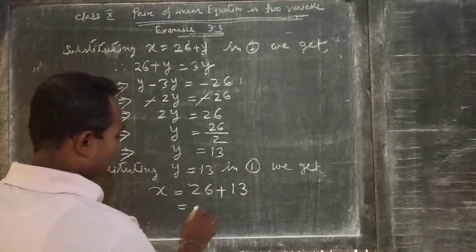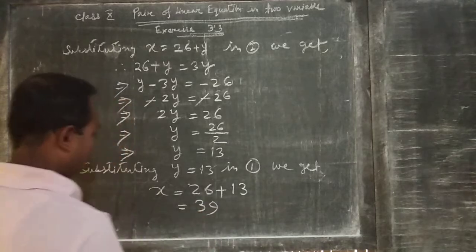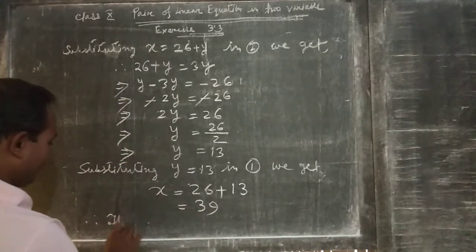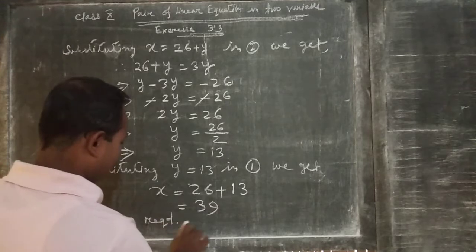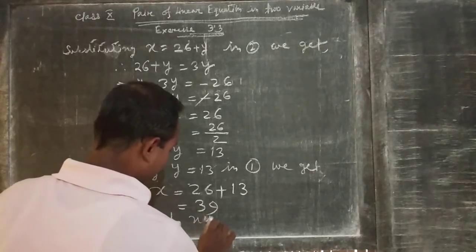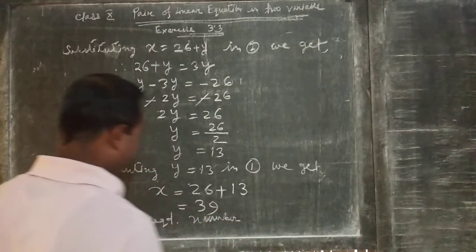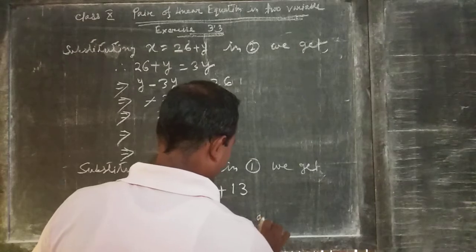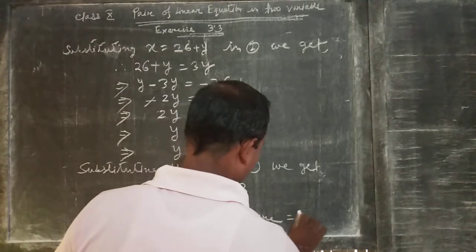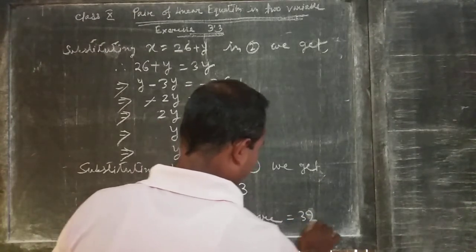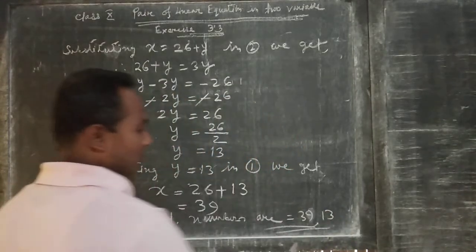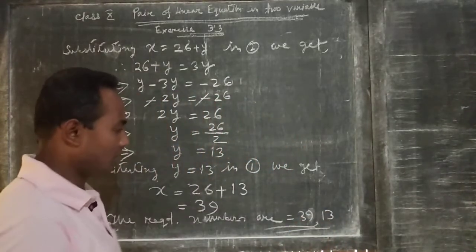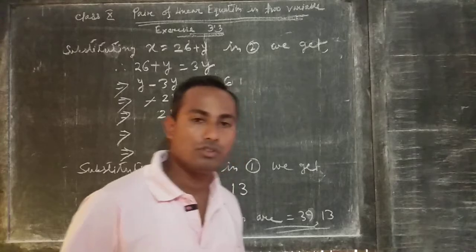Then we get 39. Therefore the required numbers are, sorry, one is 39 and the other is 13. Okay, the first number is 39 and the second number is 13.